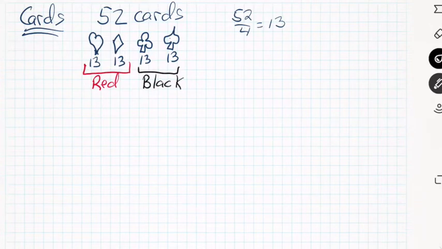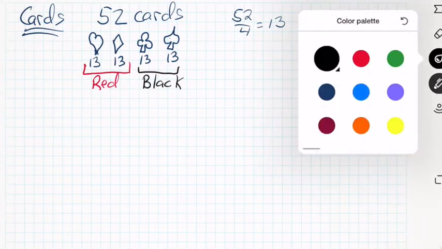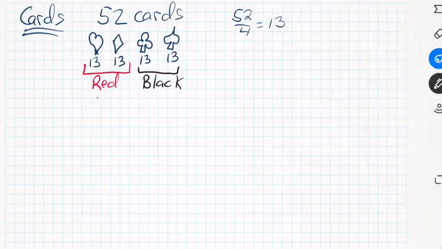So the red suits, there are therefore 26 of them, and the black suits, there are also 26 of them. So there are 52 cards, there are 26 red, 26 black, and they are broken up into hearts, diamonds, clubs, and spades, where hearts and diamonds are red, clubs and spades are black.